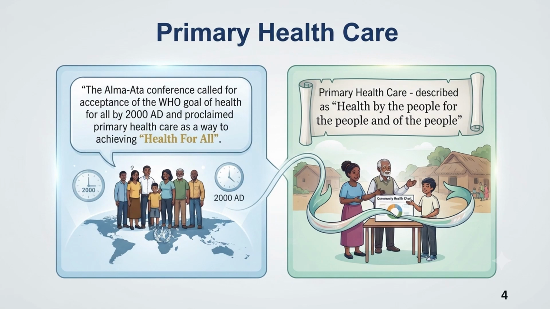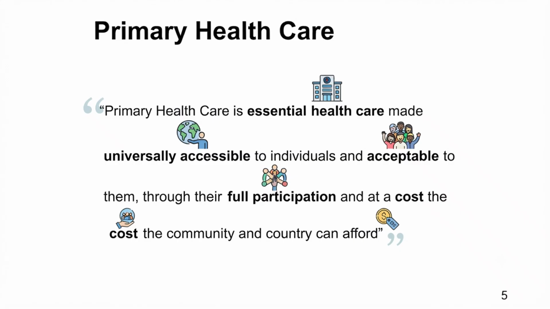So that is the primary healthcare concept, which came after the Alma Ata conference. By now we understood that this concept came after the Alma Ata conference to achieve Health for All by 2000 AD. Now we will see what is primary healthcare.